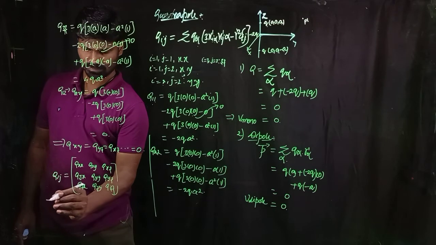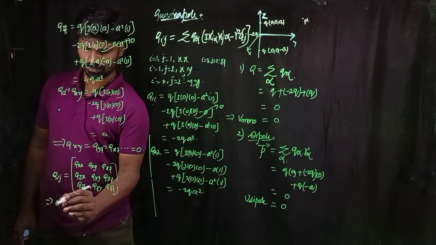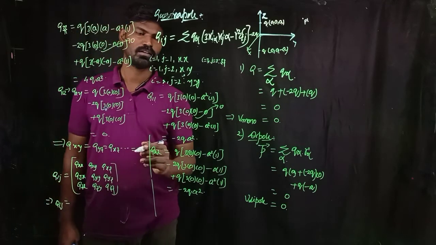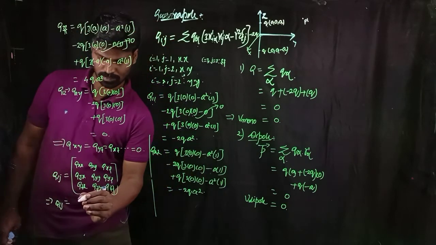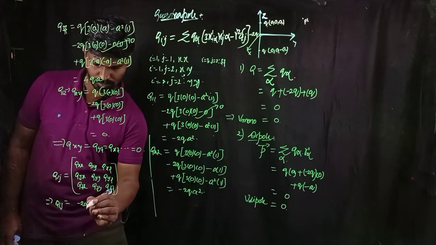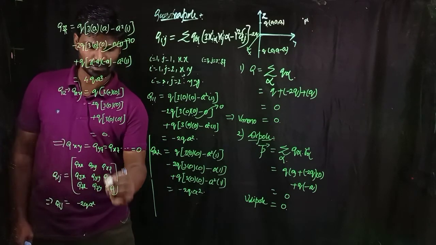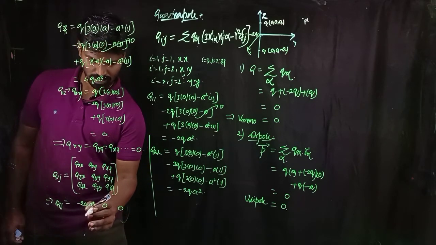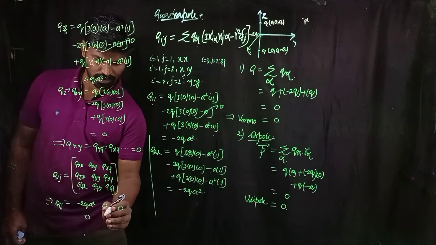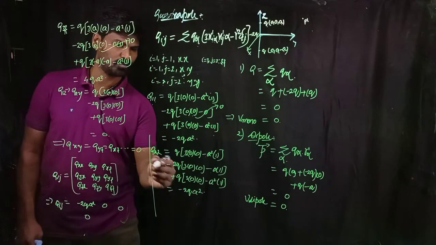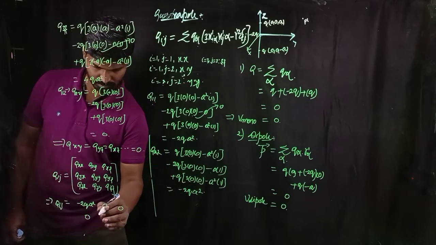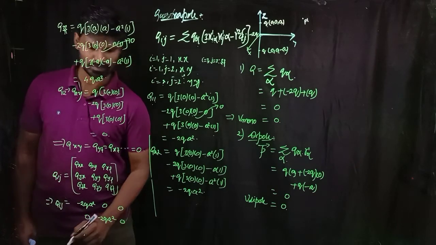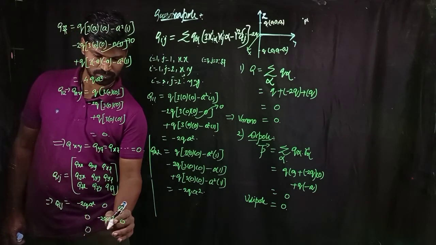That implies the quadrupole moment tensor qij is equal to, what are you going to get? qxx. What is the value of qxx? You got minus 2q a square, that only I am taking here. Minus 2q a square, and qxy value is 0, qxz value also 0, off diagonal terms, and qyx also 0, and the diagonal element qyy is minus 2q a square, and this is 0, and again this off diagonal element is 0, this also 0.